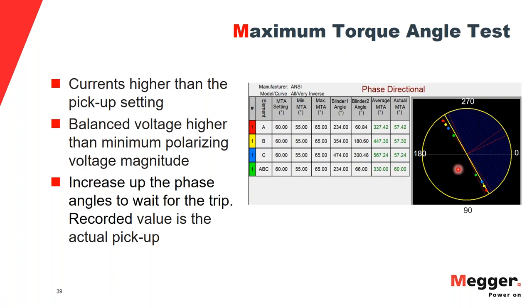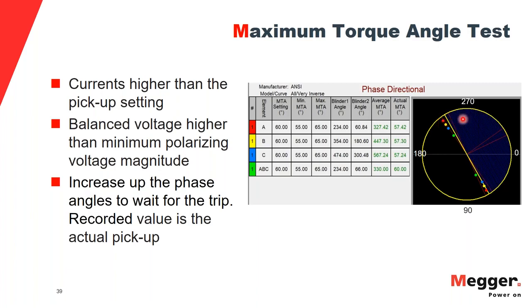So in the maximum torque angle test, basically you start from a point somewhere outside your operating region, and you increase or decrease the phase angles, depending on what kind of rotation you have, and you wait till that fault quantity goes inside this characteristic.